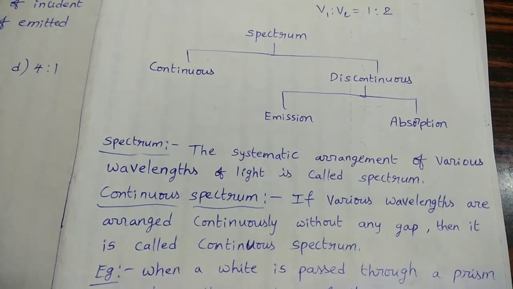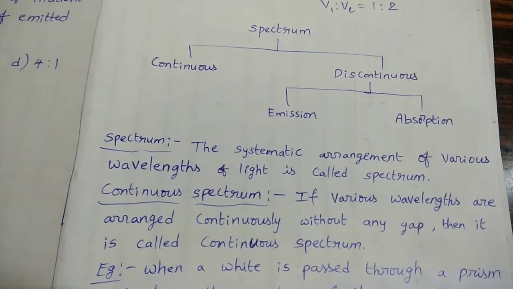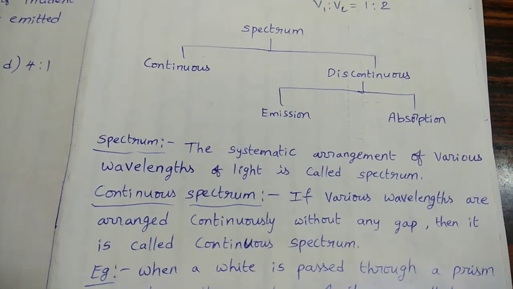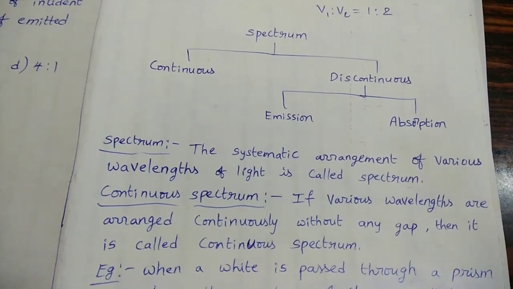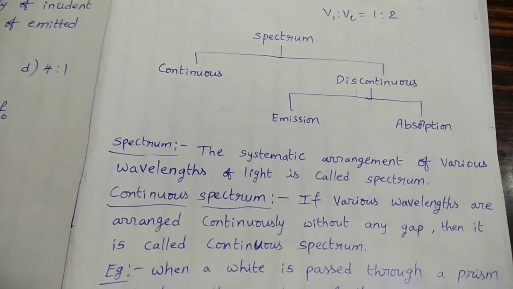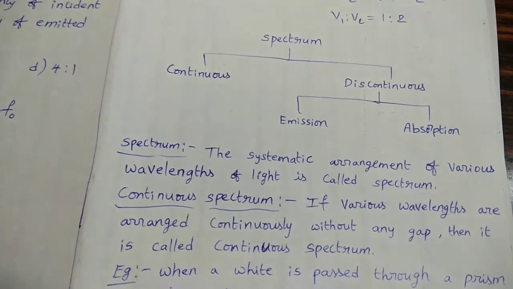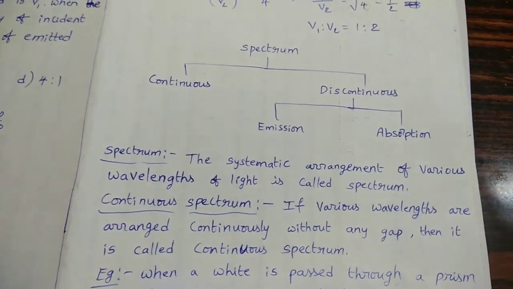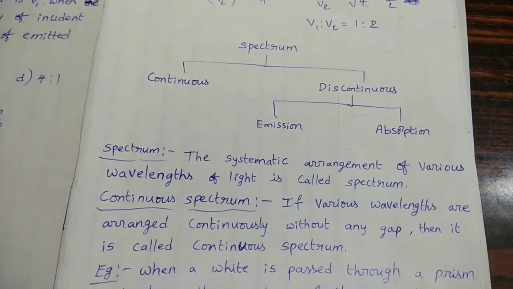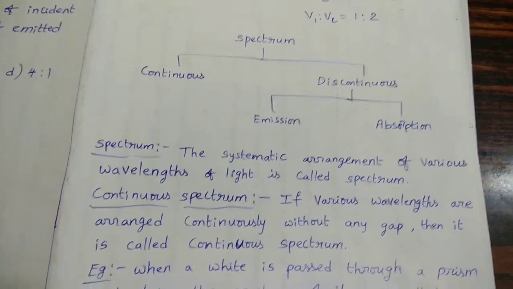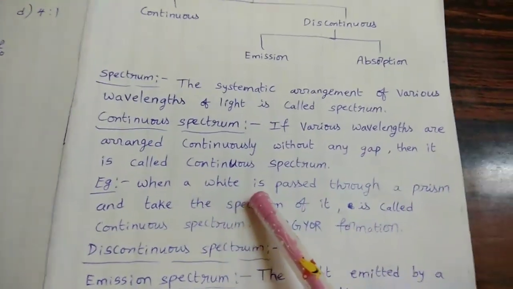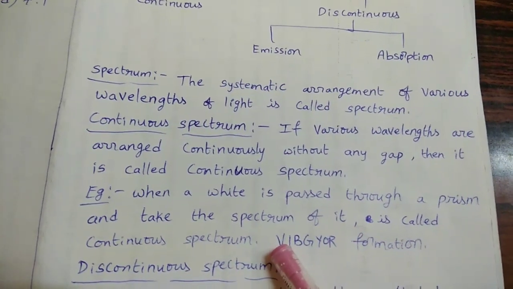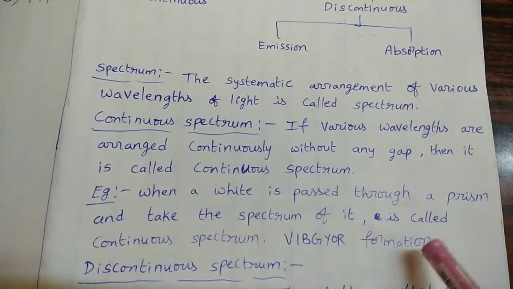Violet followed by indigo, blue, green, yellow, orange and red. Between these 7 colors there is no gap. Side by side all these colors are arranged. Such type of spectrum is called continuous spectrum. Same thing, when a white light is passed through a prism and we take the spectrum of it, it is called continuous spectrum. Simple example, VIBGYOR formation.